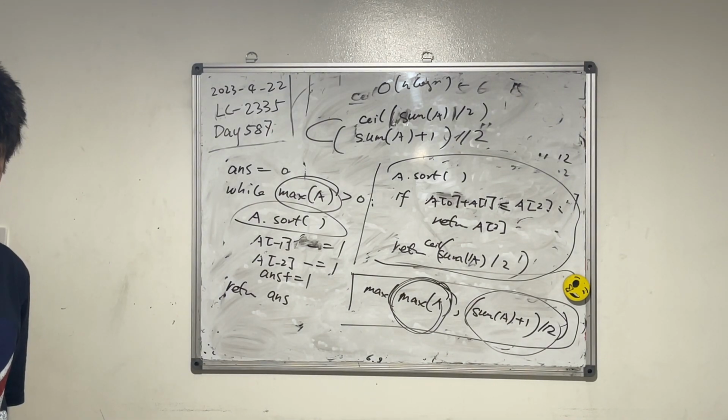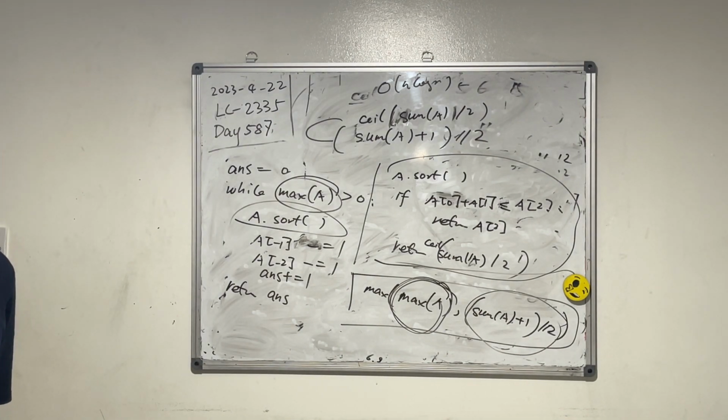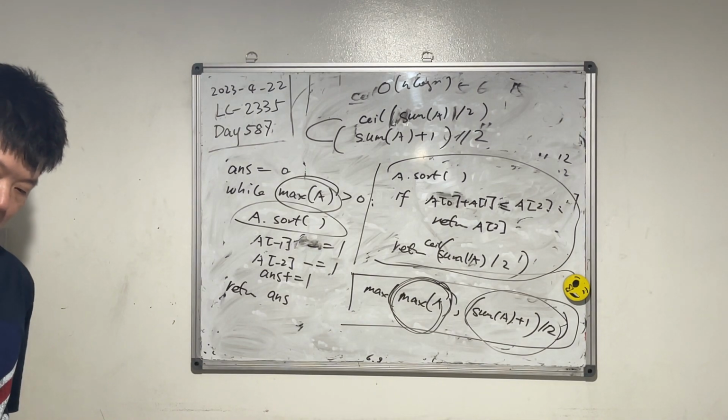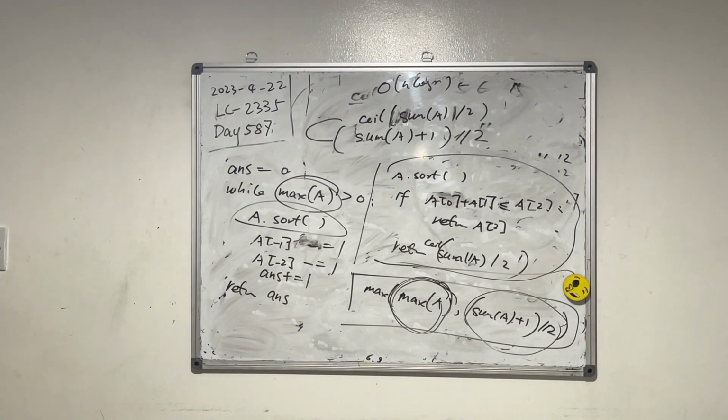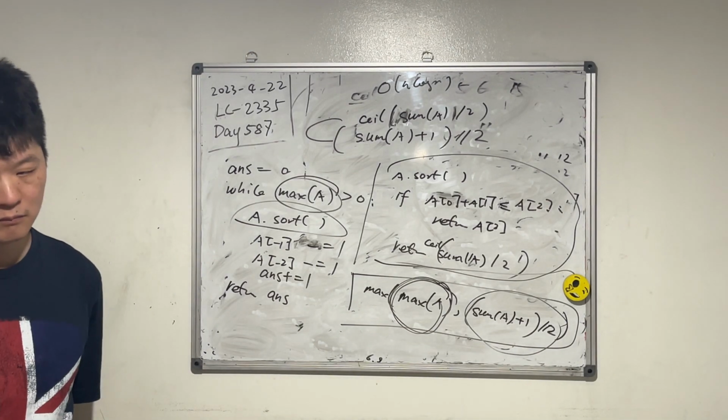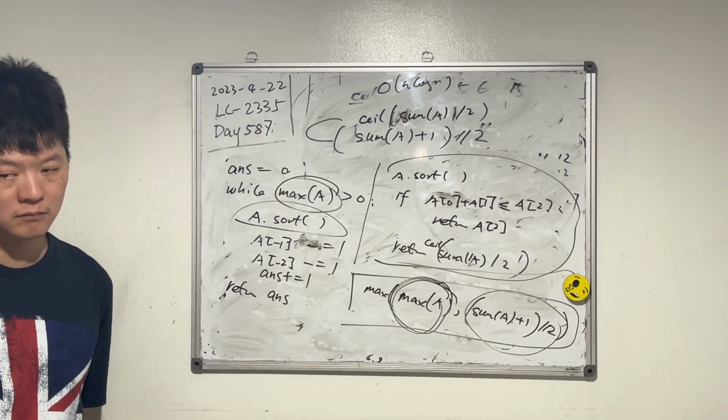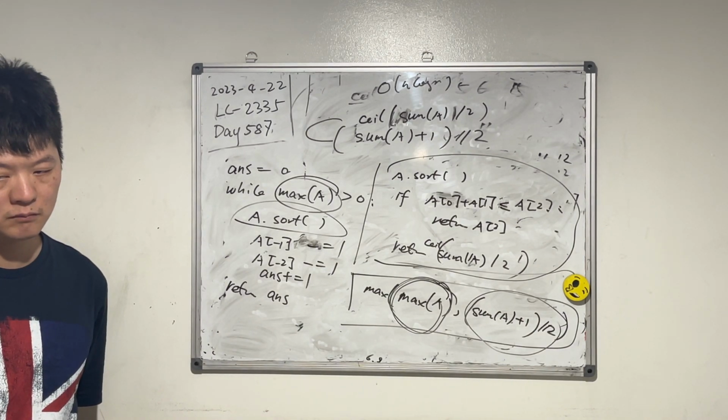So if the 2 smallest numbers' sum is smaller than or equal to the biggest number, then you return the biggest number, because, well, yeah.